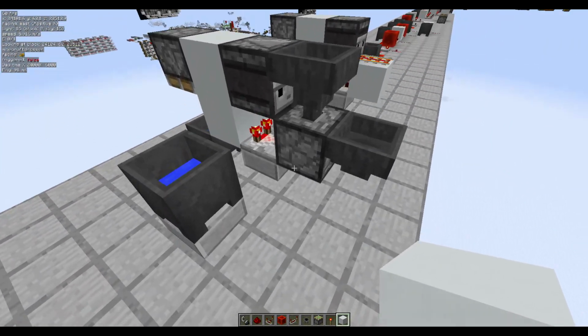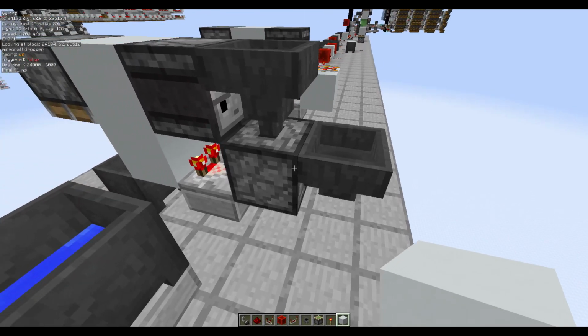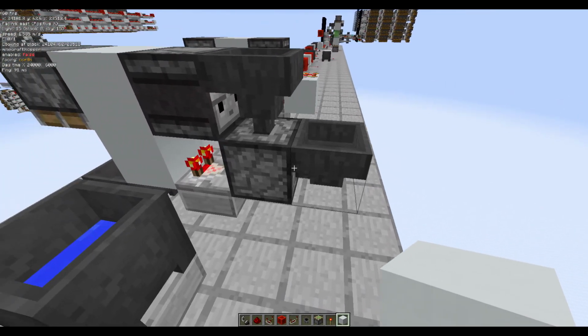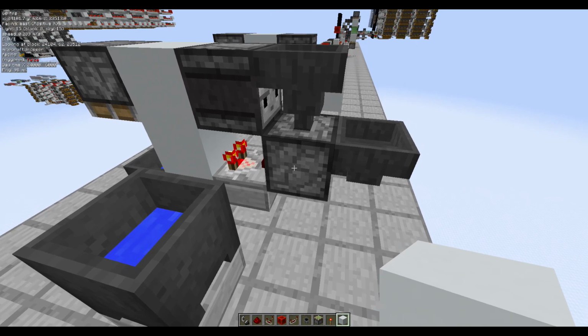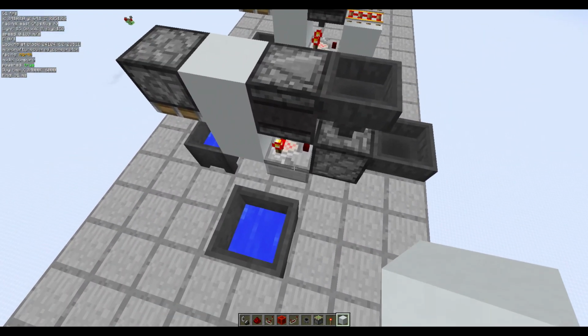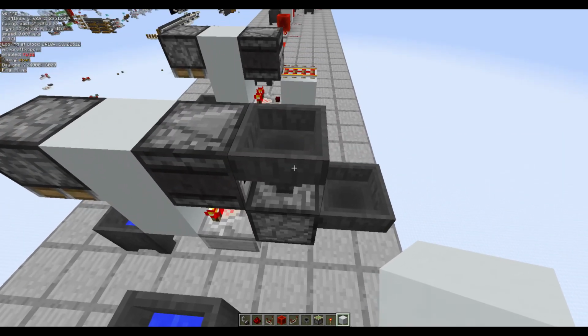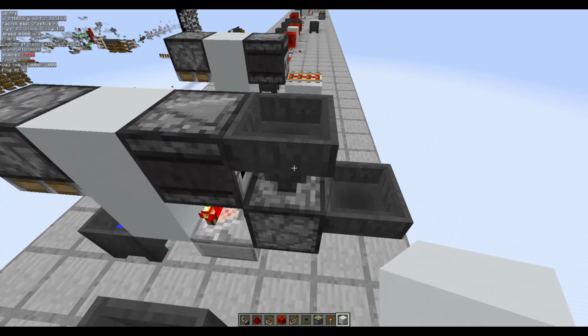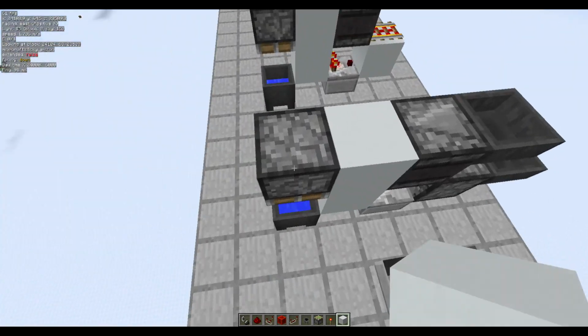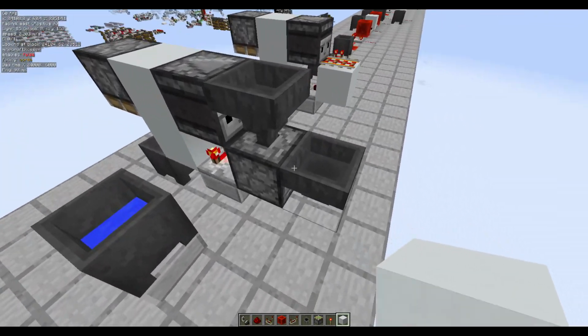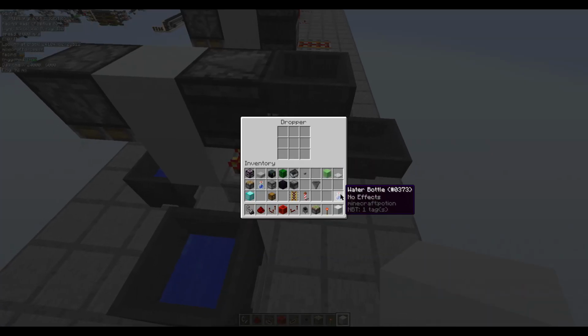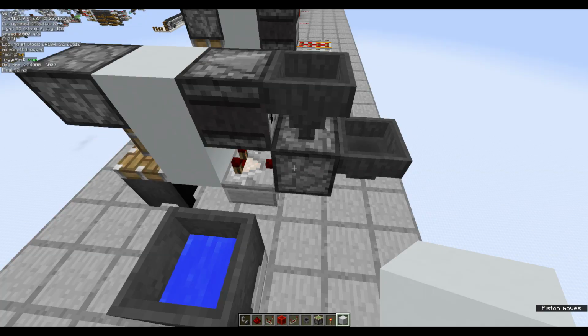So if we were to have items going into this hopper or into this dropper, then the comparator will detect that. And since it's directly powering this dropper and thereby this hopper, the observer can detect the changes and, yeah, it will clock. So let's just test that, put an item in here, just a water bottle.